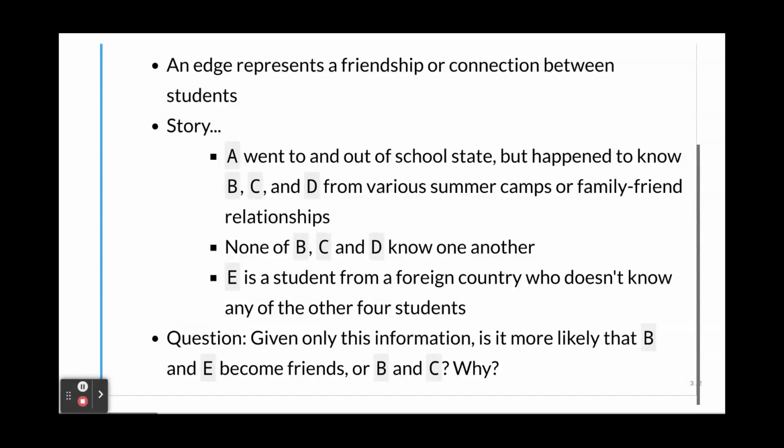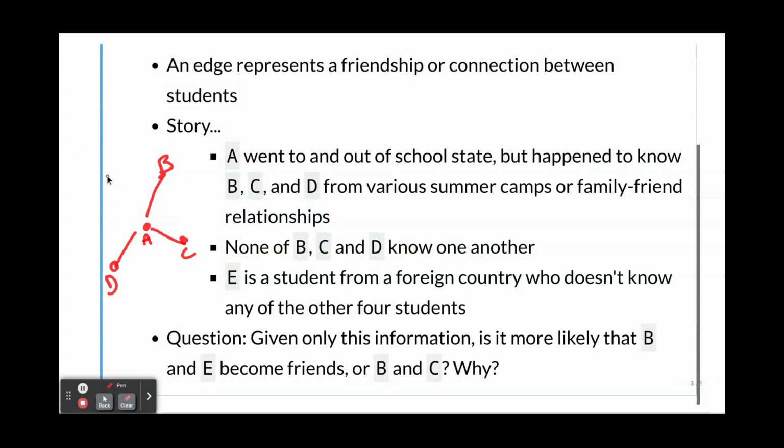With this story in mind, we'll ask the following question. Given only this information, would you assume that it's more likely that nodes B and E become friends or nodes B and C? So remember, we have A in the middle, and A is connected to B, C, and D through various existing relationships.